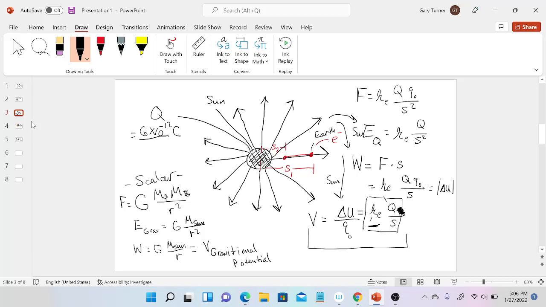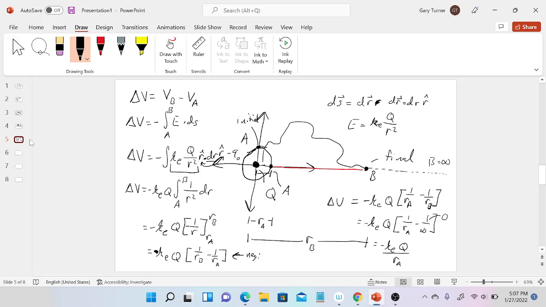So the magnitude of the potential at a given point is equal to KQ over R. And what this is telling you is this gives you an explicit formula for both the value of the potential at a point away from a point particle, and the potential difference, or the amount of work that it would take to push a charge from this point to this point.